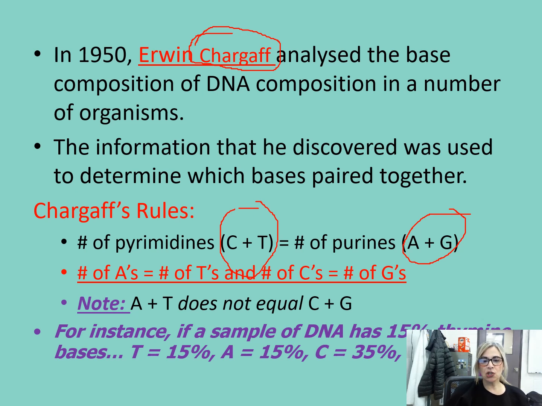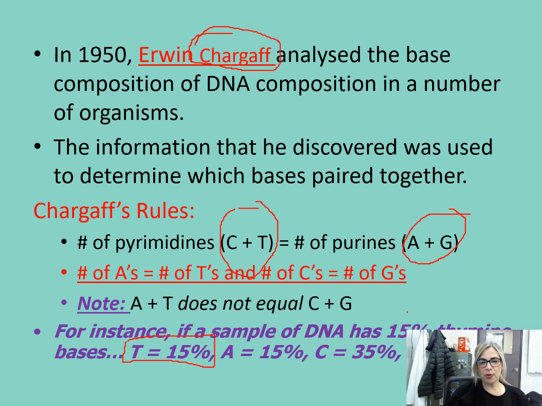Okay, that's okay. So let's say that you get a question that says a sample of DNA has 15% thymine, and then it says calculate the percentages of the other nitrogenous bases. So you're given thymine, and you're asked to calculate how many adenine, how many cytosine, how many guanine.